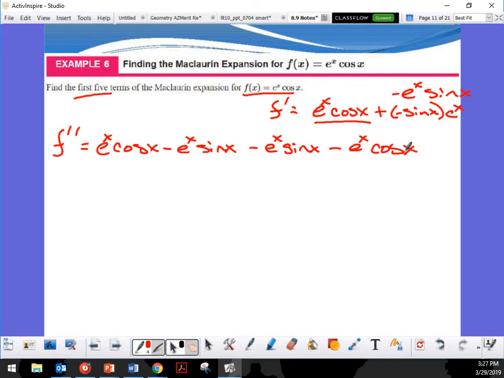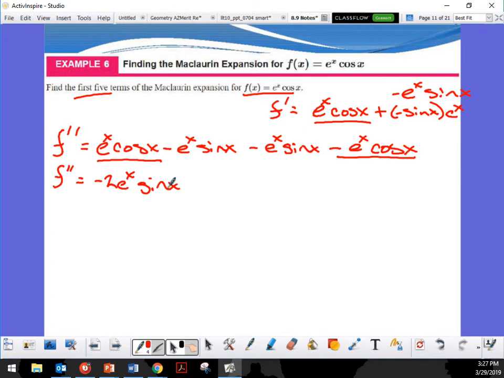And then cosine x, so negative e to the x cosine x. Yeah, that's fine. Okay, so now I have this thing and this thing going away, right? So f double prime is going to be negative 2 e to the x sine of x. Okay, so there's my second.